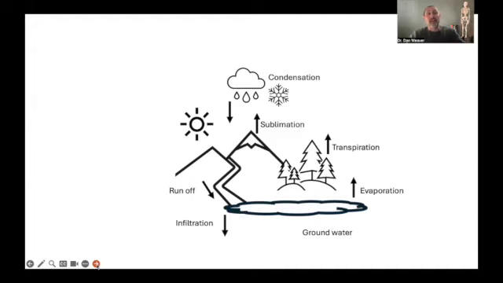Transpiration is taking that water from the ground through roots and then out through leaves. And so that water is going to cycle from the atmosphere back to Earth, along the Earth, under the Earth, and then out maybe through plants or evaporation or moving along the surface of the Earth. And we call that the water cycle.